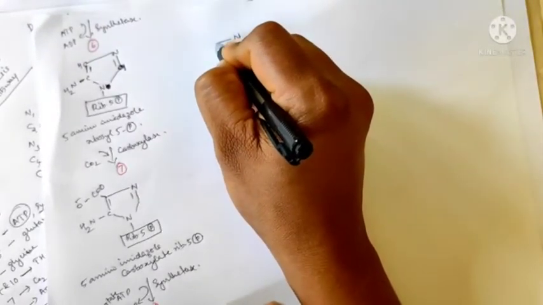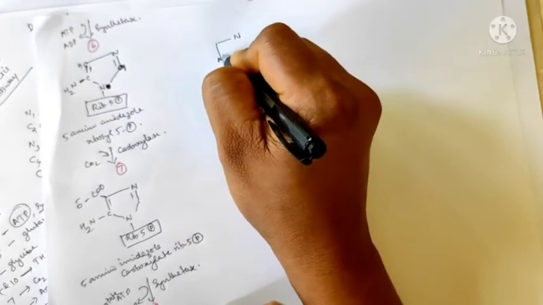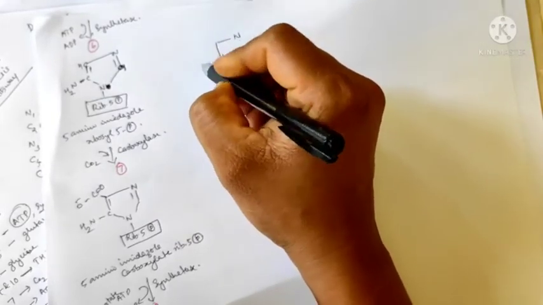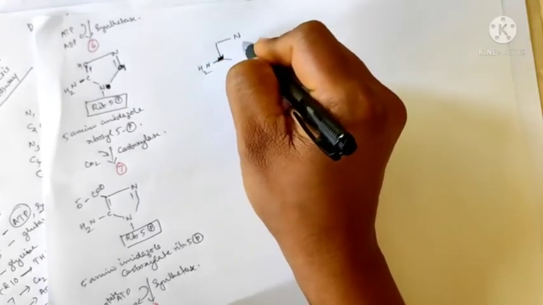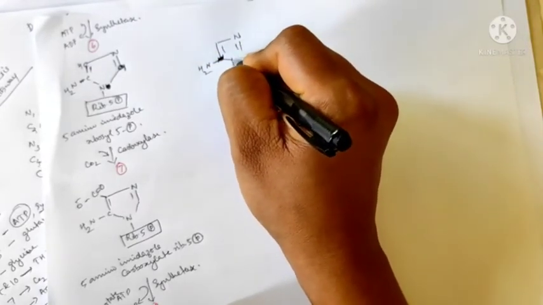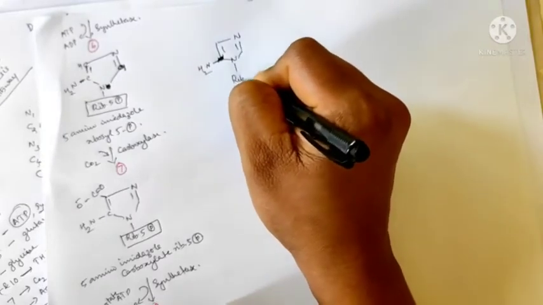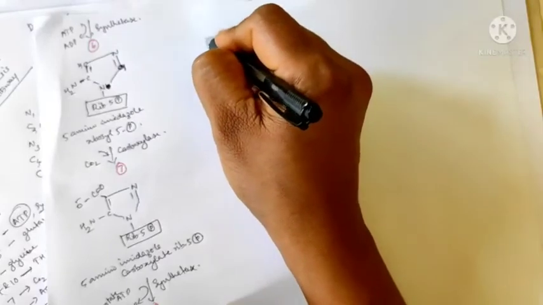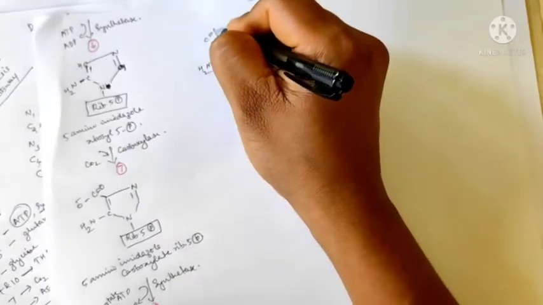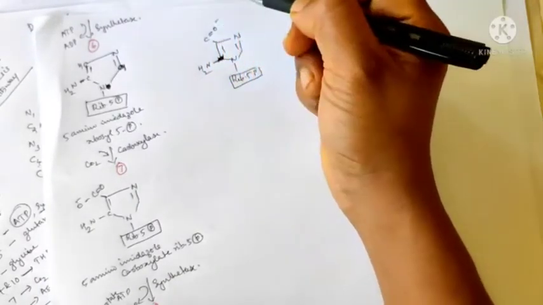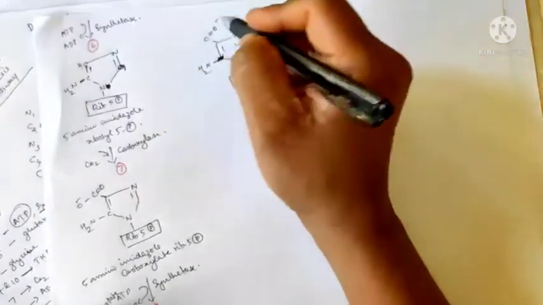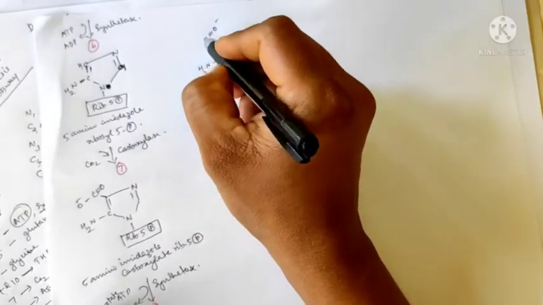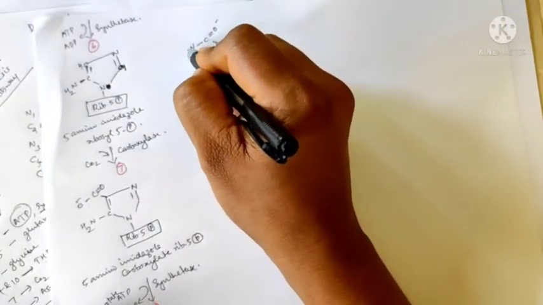N, NH2, ribose 5-phosphate, C double bond O, NH.